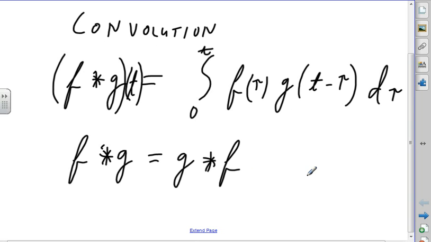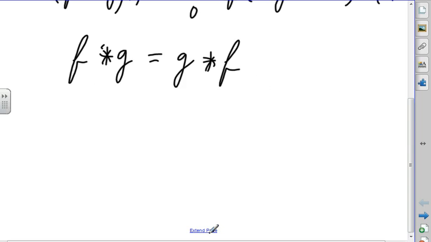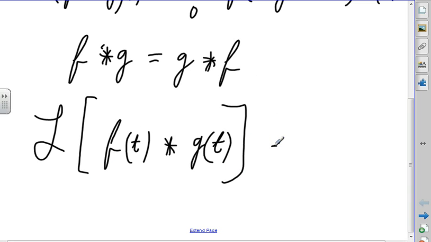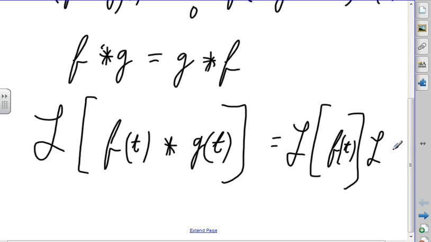Now, that doesn't seem to do much for us, but if I were to take the Laplace transform of the convolution of f of t and g of t, that's going to be the Laplace transform of f of t times the Laplace transform of g of t. Boy, that was good. Wasn't that great?